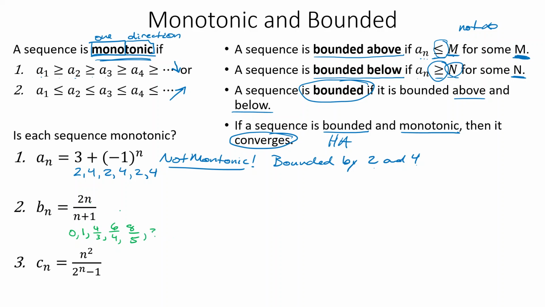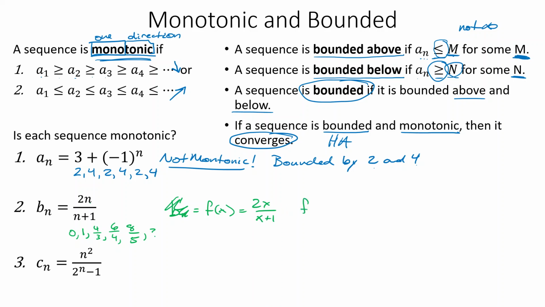So one thing we could do is pretend it's some sort of function of n and just take its derivative. So let's say f of x equals 2 to the x over x plus 1, and we can take its derivative and see where it is increasing, where it is decreasing.